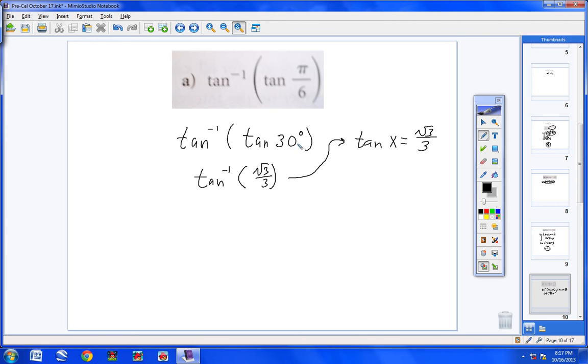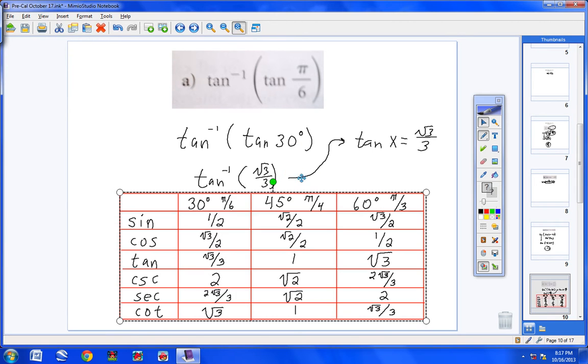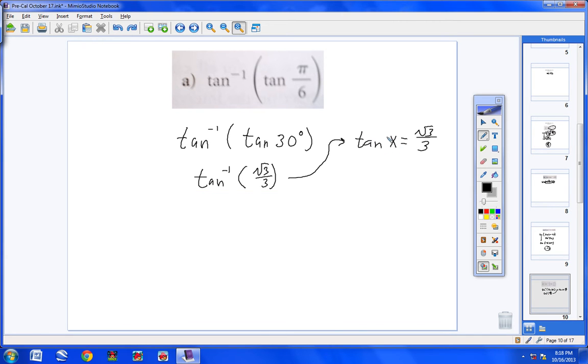Here's square root of 3 over 3, and that would be tangent of 30. So what angle, when I take the tangent of it, gives me square root of 3 over 3? 30 degrees. And if I asked you to write it in radians also, then it would be pi over 6. All right, let's try the next one.